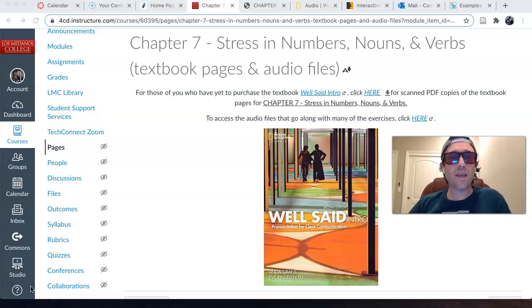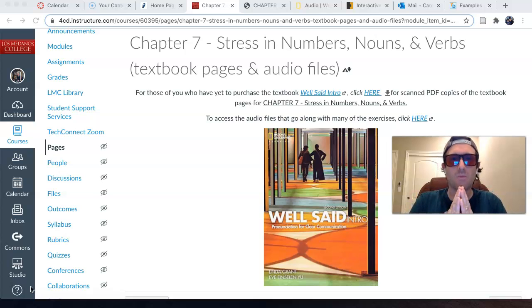We're now making our way into Chapter 7. We're kind of in the heart of the textbook now, the heart of the curriculum. We've talked about syllables, consonant sounds, vowel sounds, and S endings and ED endings. We have all the building blocks now of how we form words in English.